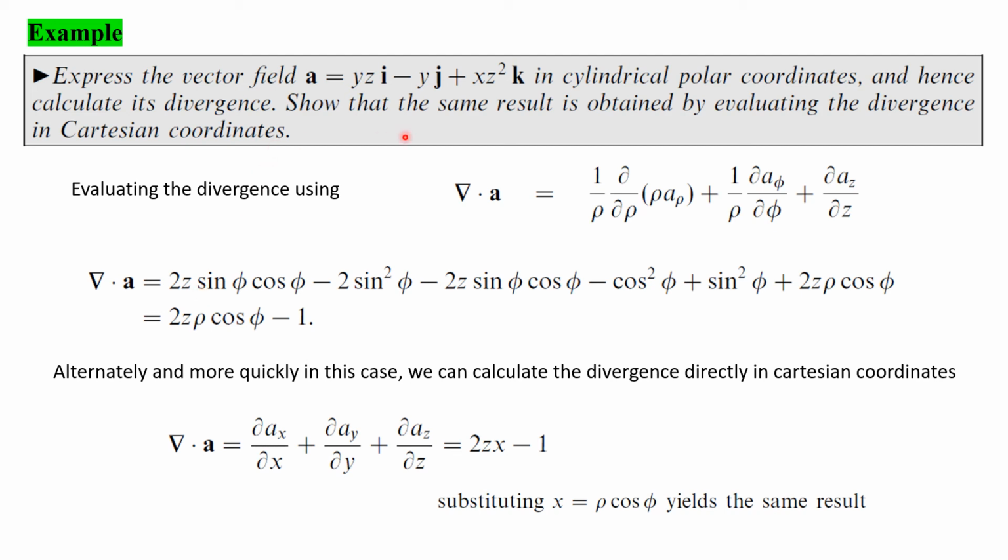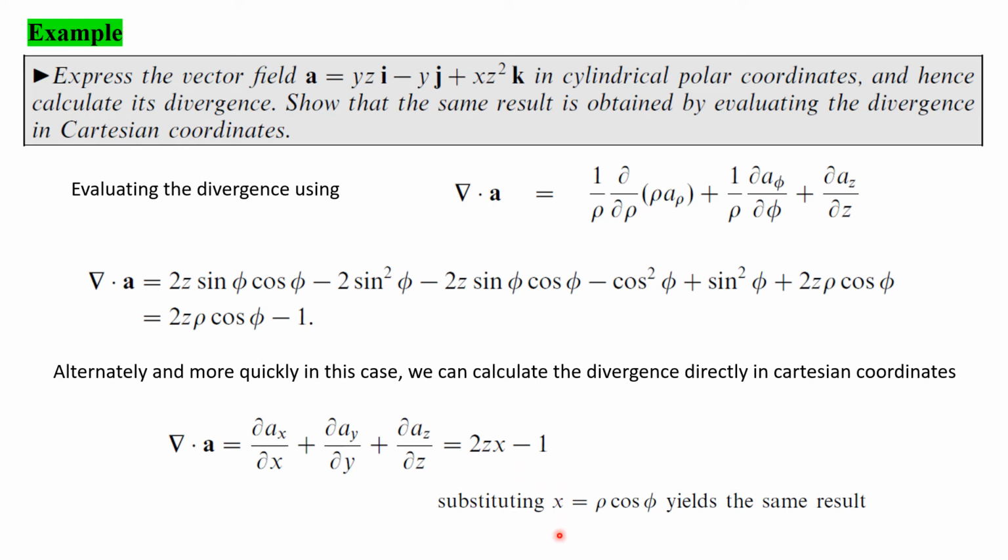Now we are going to show that the same result is obtained by evaluating the divergence in Cartesian coordinates. So we take the divergence of the vector field in Cartesian coordinates, which, if you remember, is just ∂A_x/∂x plus ∂A_y/∂y plus ∂A_z/∂z. Taking the partial derivatives, you have 2zx minus 1.